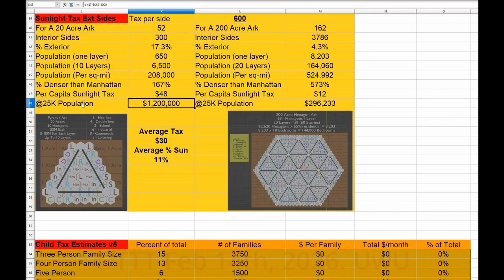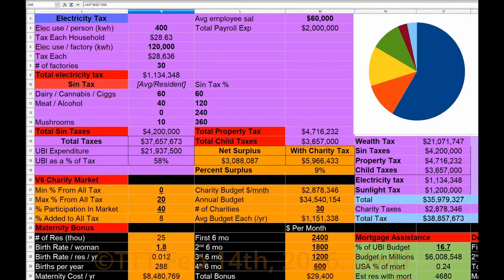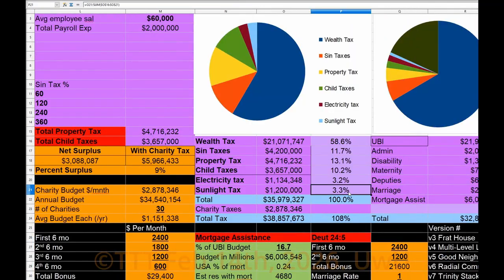That works out to be, for our example, 25,000 population arc, you get 1.2 million. This works out to be 3% of the budget, or about 15 times higher than the previous estimate. So I was off by 15x before.